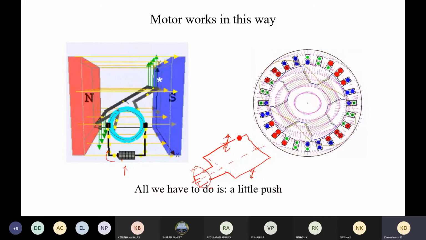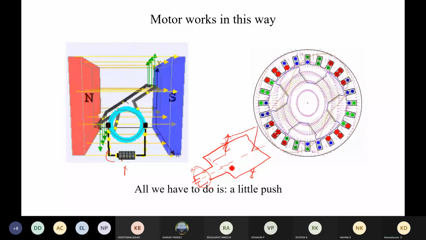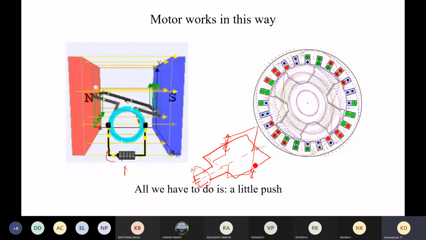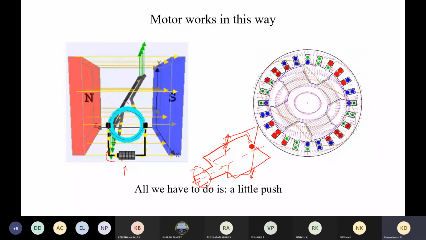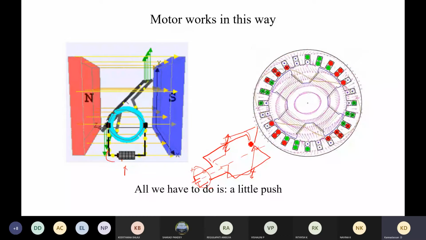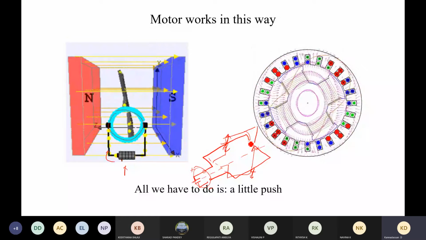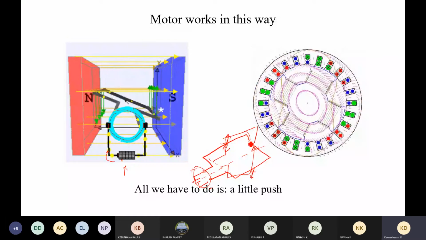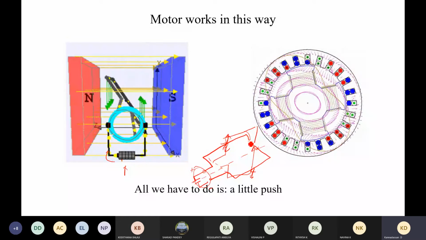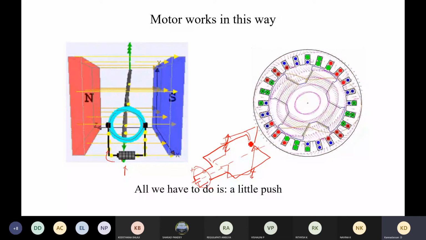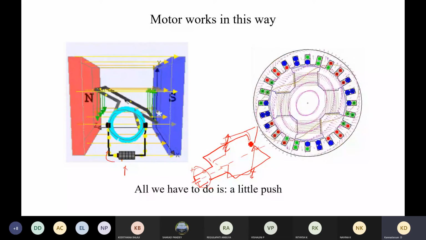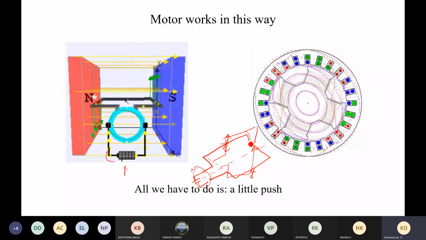So when it is this way, and once again when it is going in the downward direction, the magnetic field will give an opposing force because the current flow has changed. So both the pushing as well as the stopping make this shaft move at a constant speed.